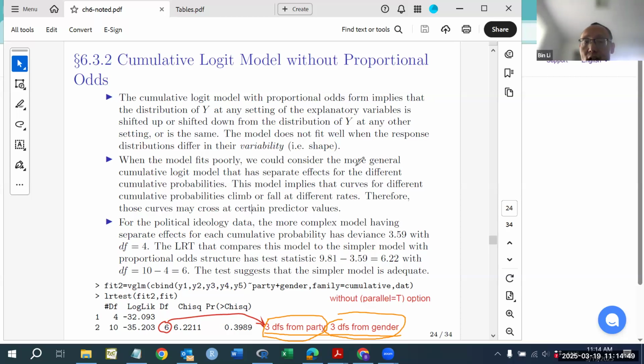So why is it 3? Here in the political ideology data, how many categories does the response have? Y has how many levels? Y has 5 levels, is that right? 5 levels from very liberal to very conservative. So how many cumulative Logit models do we have?